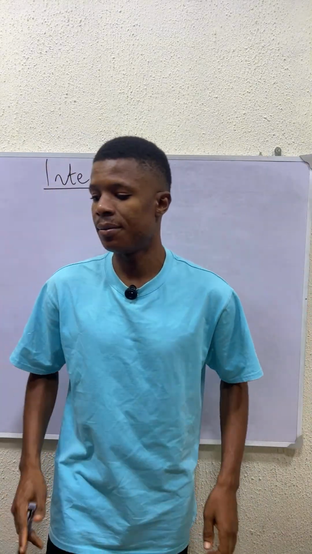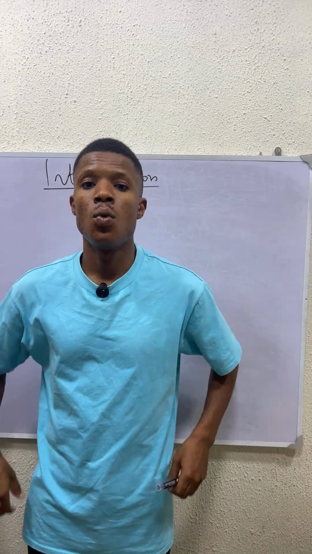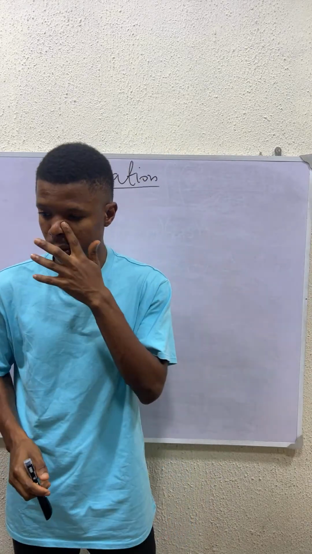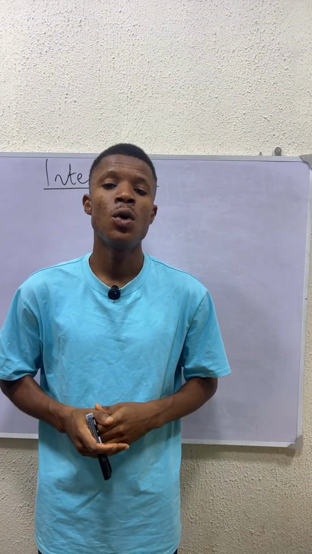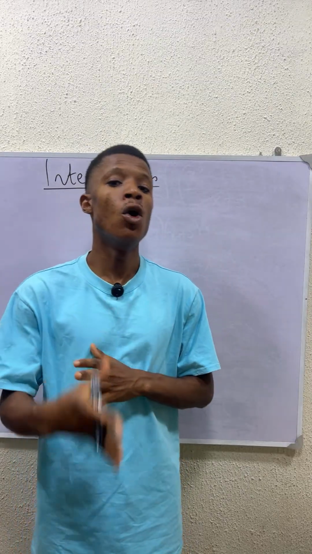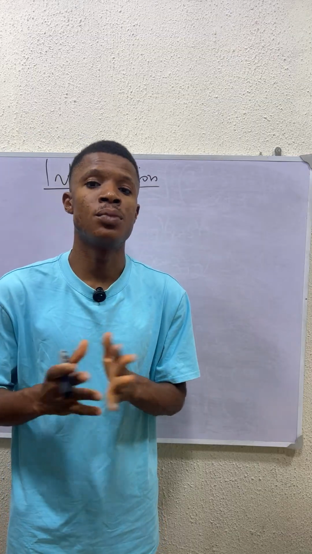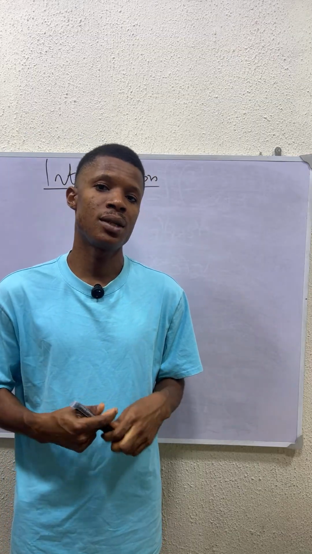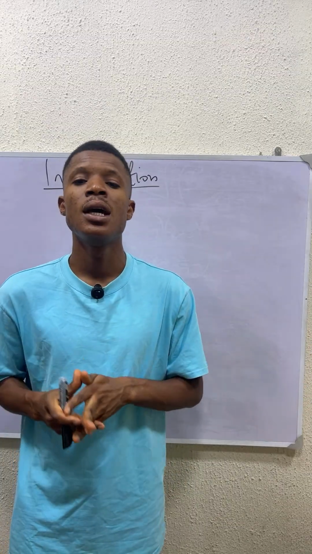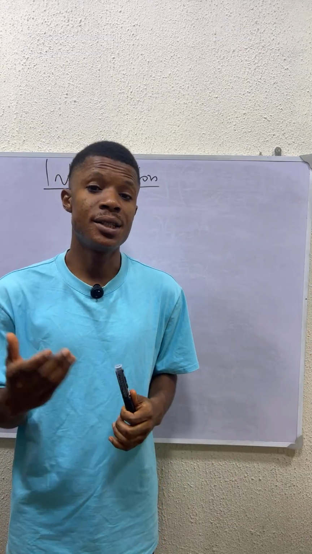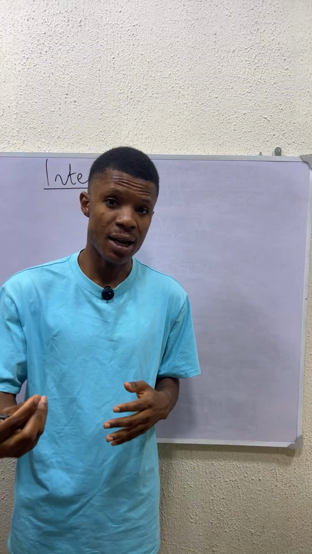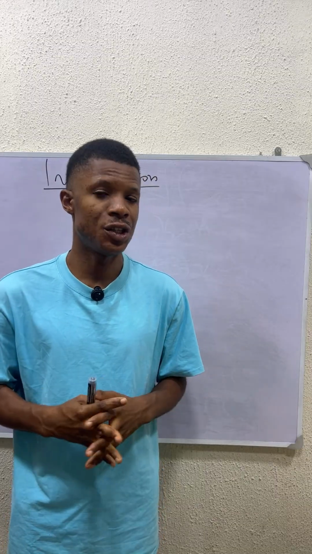Whenever you hear the term integration, we are talking about the opposite of differentiation. You know that calculus broadly comprises two main topics, which are differentiation and integration. Integration is basically the reverse of differentiation.